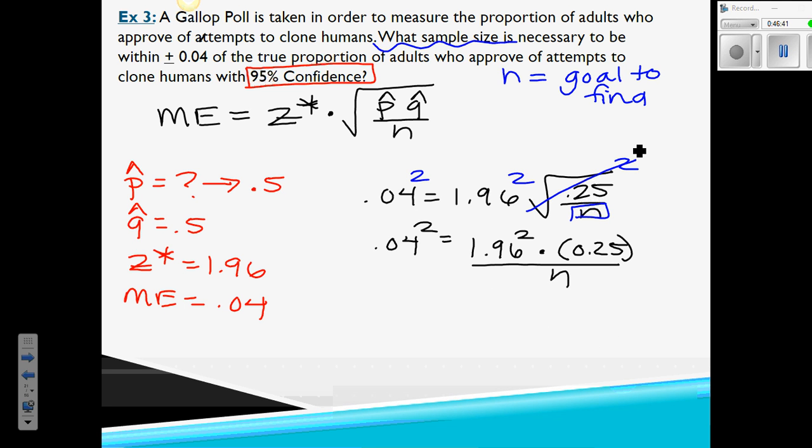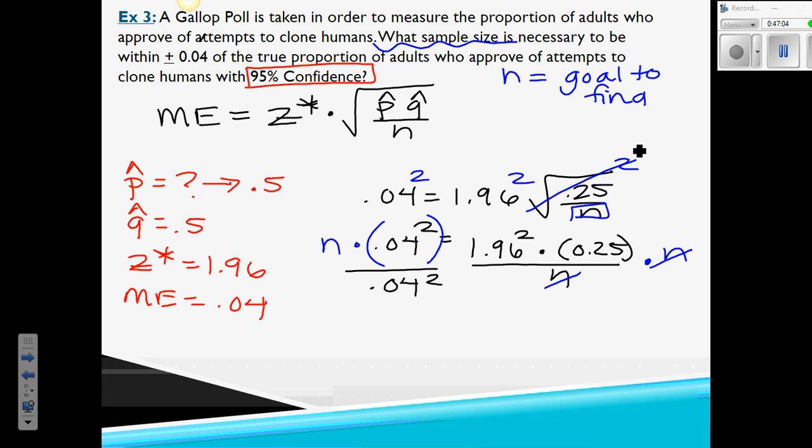Now the only thing you need to do is move n off the denominator. How can I move n off the denominator? Multiply both sides by n. So I got n times 0.04 squared equals 1.96 squared times 0.25. Then what can I do with this 0.04? Divide.